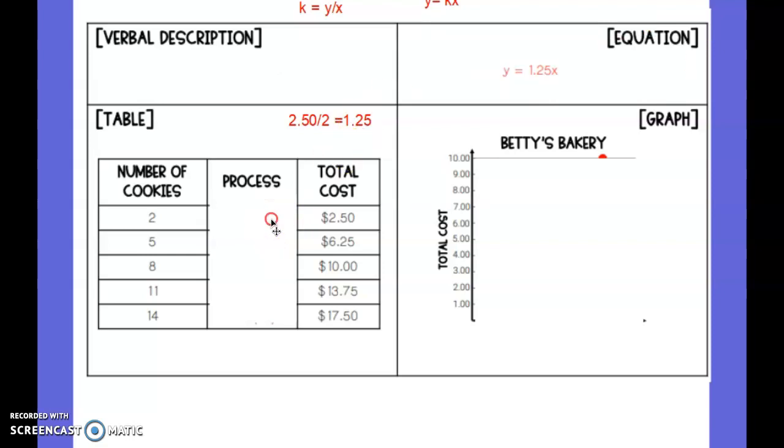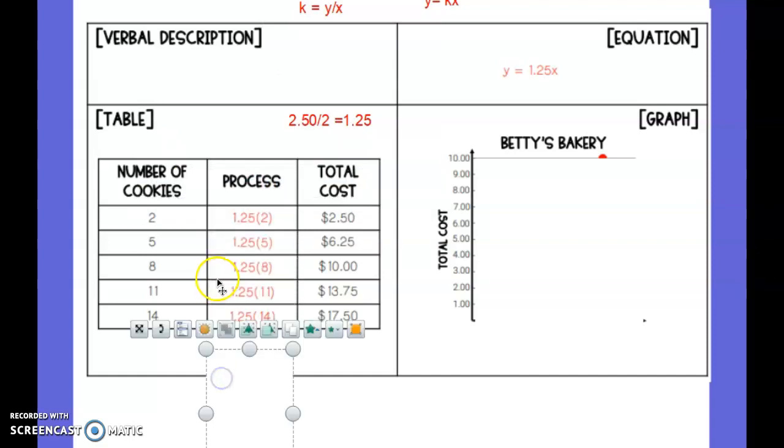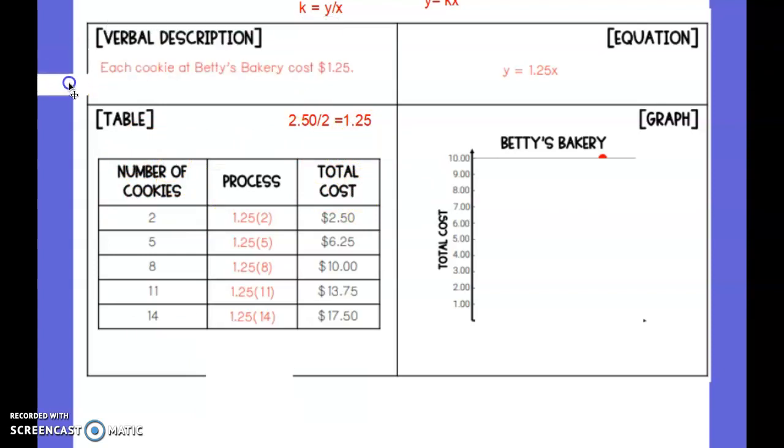Now I'm going to use that equation and do my process table. 1.25 times 2 is 2.50, and so on. In order to write my verbal description, I know that I have number of cookies and that I have total cost. So my verbal description will look like this: each cookie at Betty's Bakery costs $1.25.